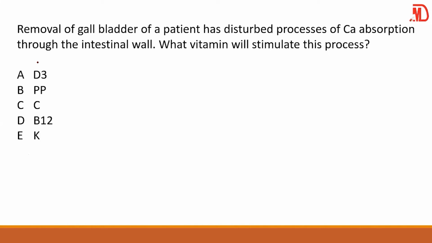We are having the removal of the gallbladder of a patient who has disturbed processes of calcium absorption through the intestinal wall. What vitamin will stimulate this process? Guys, we want to absorb calcium. So what has to do with calcium?